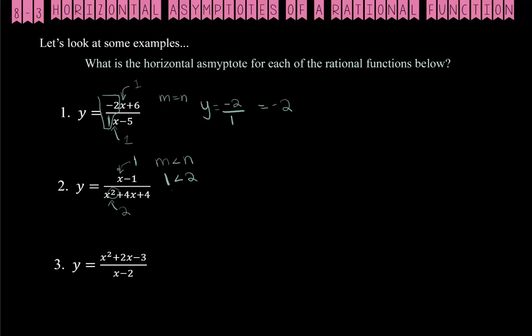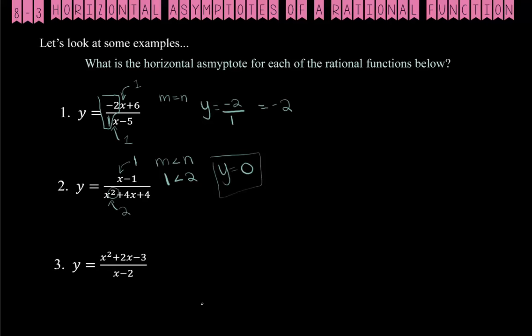When the numerator degree is less than the denominator degree, you can again think of a bully situation. The denominator is more powerful because it has the higher degree, so the denominator is the part that gives us asymptotes. It's going to overpower the numerator, and we're going to end up with a horizontal asymptote at y equals 0.